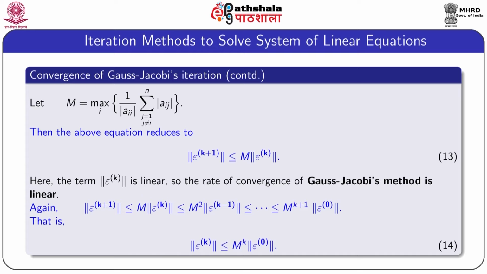That means we obtain a sequence of norms of the error vector, and finally we can write the norm of the error vector epsilon k is less than or equal to M to the power k times the norm of the error vector at the 0th iteration. So this expression gives the relation between the error at the kth iteration and the error at the 0th iteration.